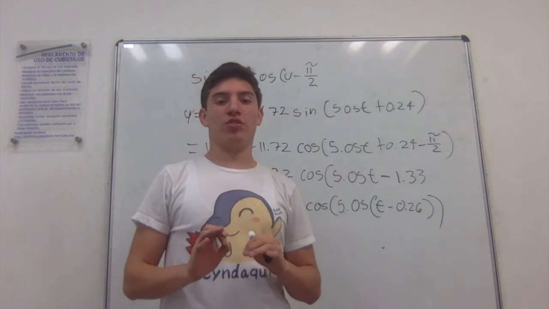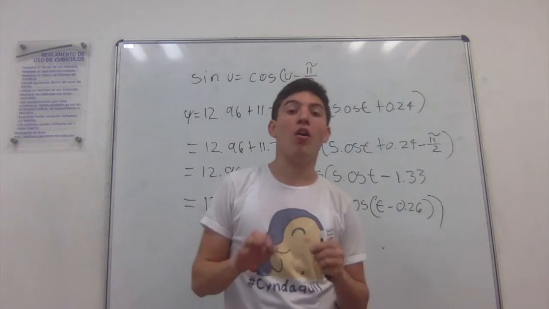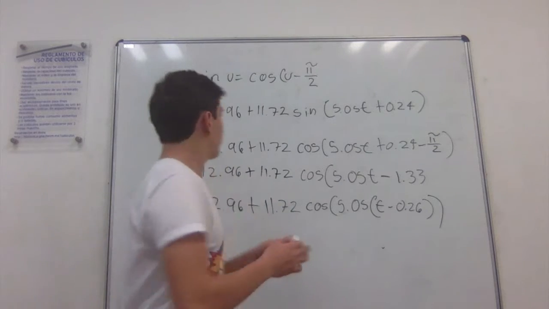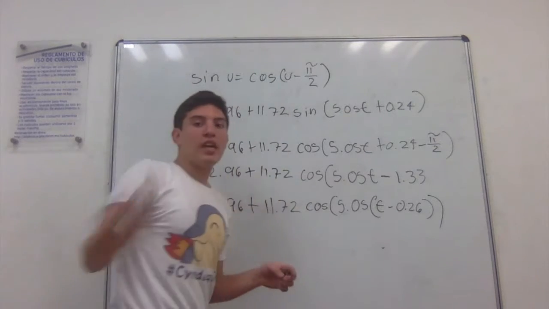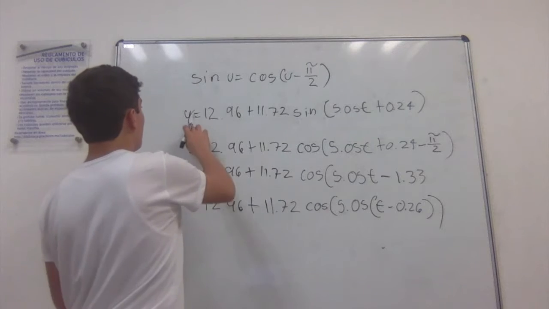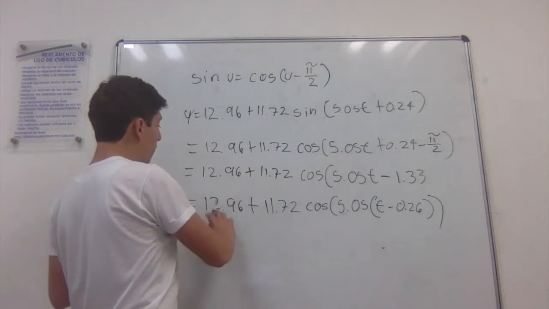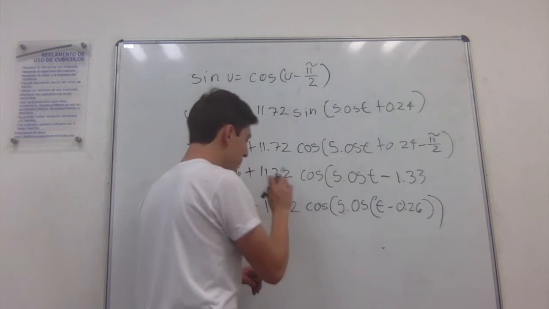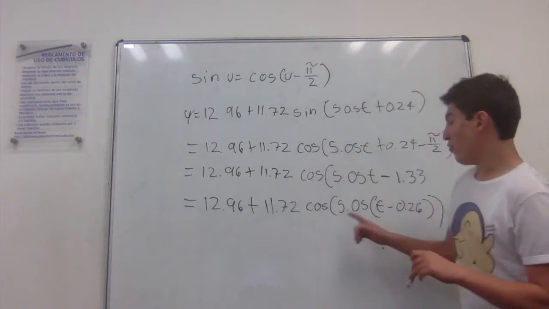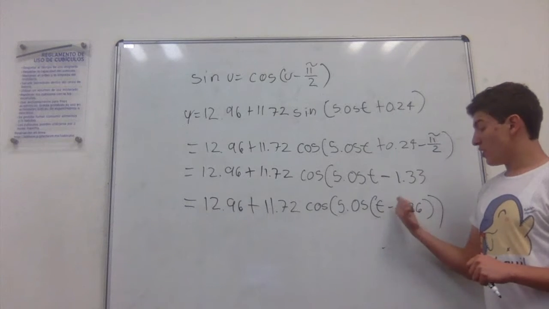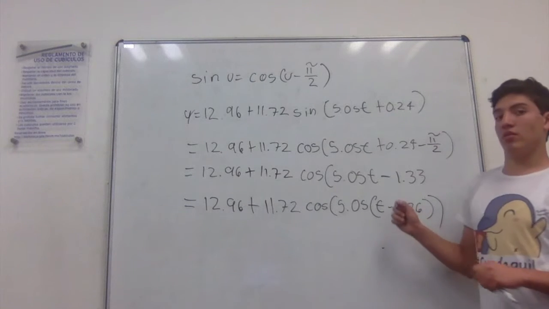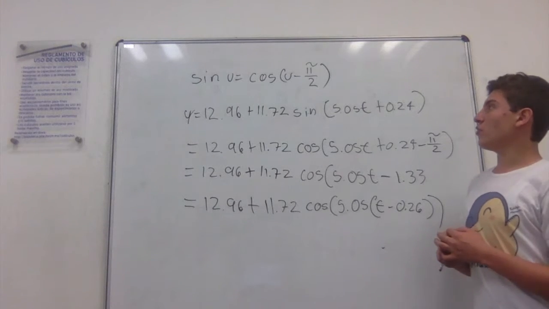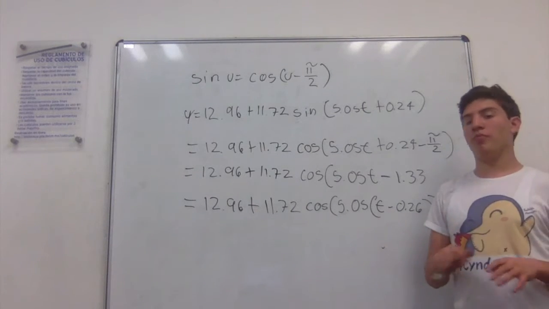If we compare the functions with the reduction formula of sine u equal to cos of u minus pi over 2, we get for the new formula y equal to 12.96 plus 11.72 cosine of 5.05 t minus 0.26. So with this we finish problem 2.